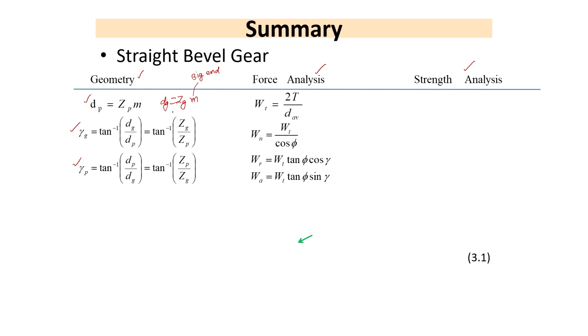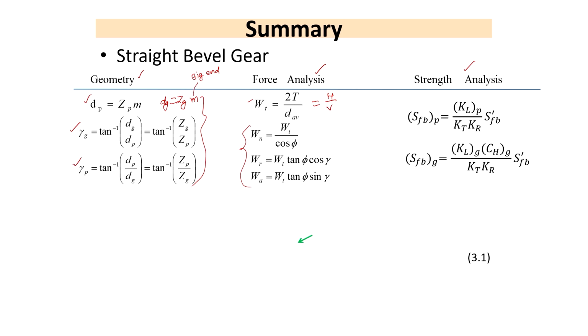Then knowing all these parameters, we will find the radial force, axial force and the transmitted force. So, the transmitted force is equal to simply H divided by V, the power which we want to transmit divided by your pitch line velocity.